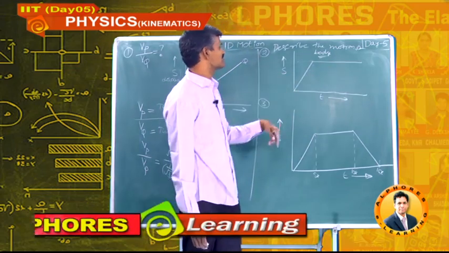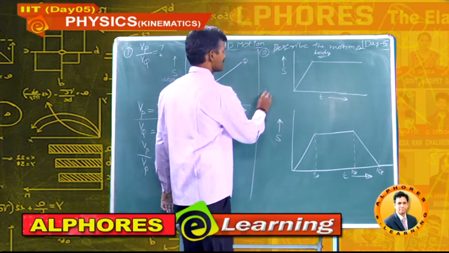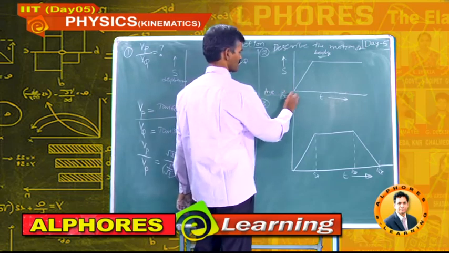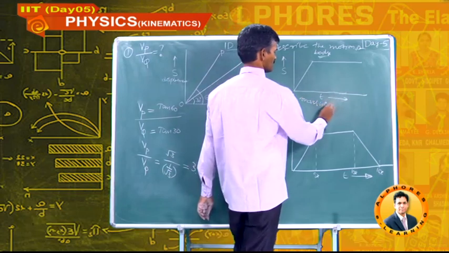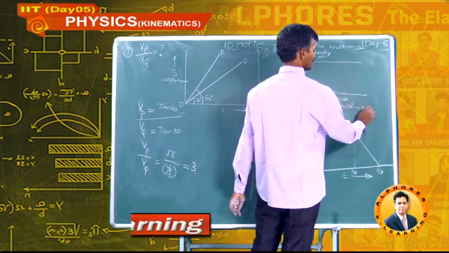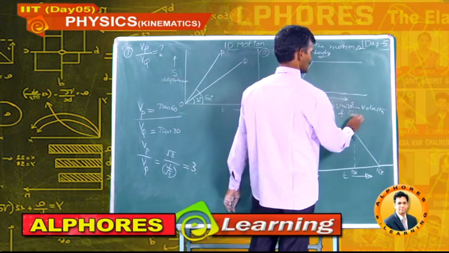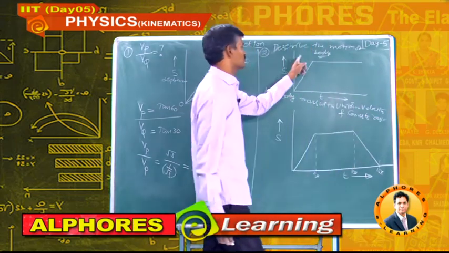So the answer is: the body moves with a uniform velocity and comes to rest. This is the motion.